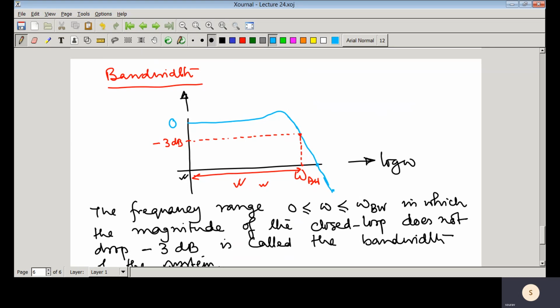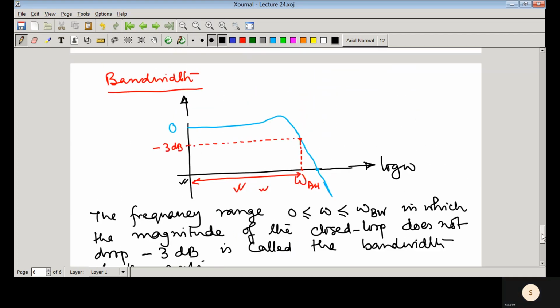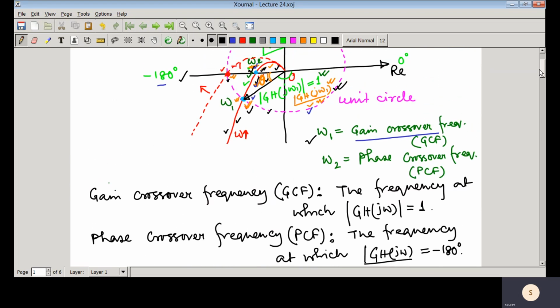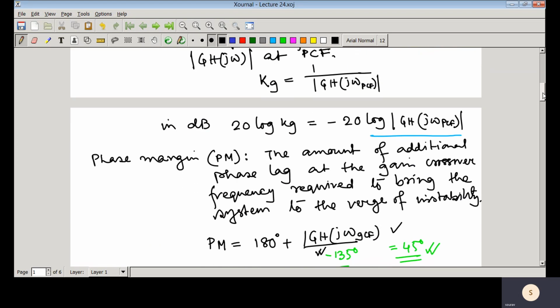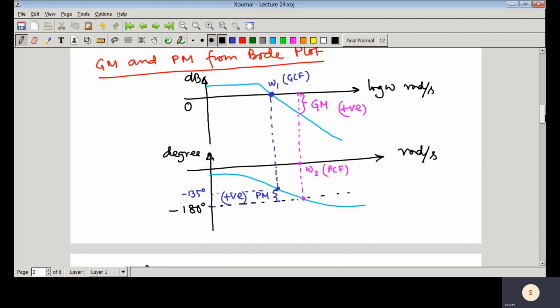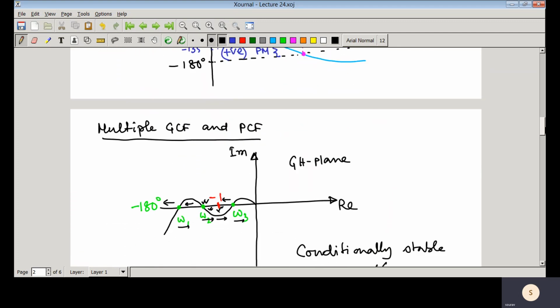So whenever you are designing a system, you need to take care of all of those things, and you need a good trade-off between those quantities. Today we have discussed what is gain margin, phase margin, gain crossover frequency, phase crossover frequency, and the delay margin, and how to find the gain margin and phase margin from the Bode plot.